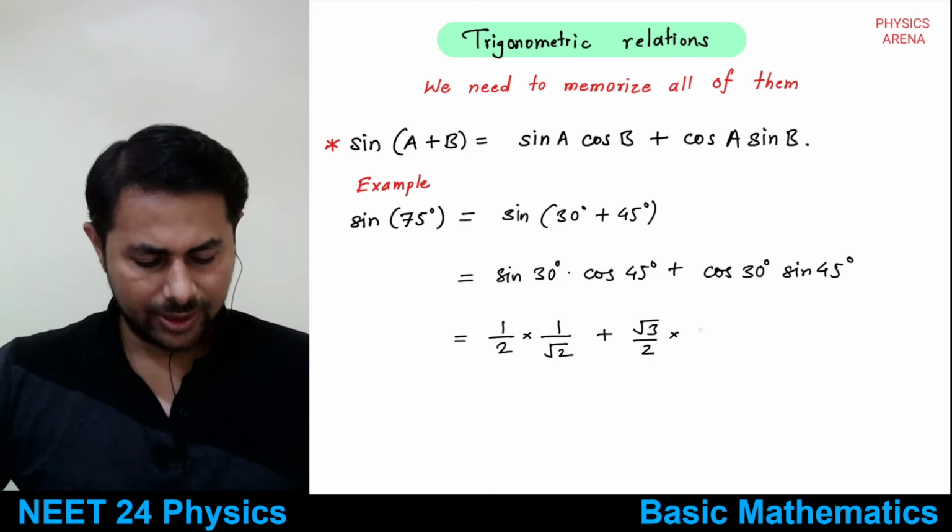They meet at this point. So this point is minus 2, minus 2. This is very basic, I'm sure that you know that.